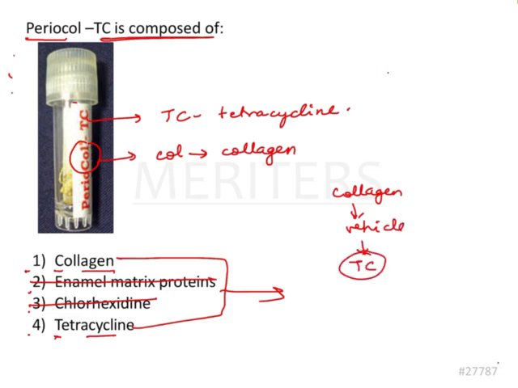The function of this is because of tetracycline and not because of collagen. So tetracycline is the main product for which Periocol is used. We are not looking at soft tissue healing here, we are looking at the antimicrobial efficiency of a drug. So tetracycline is the most relevant answer of the two. So the answer to this question is tetracycline.